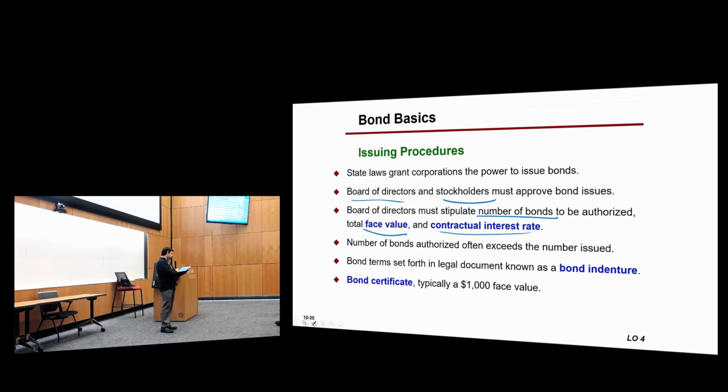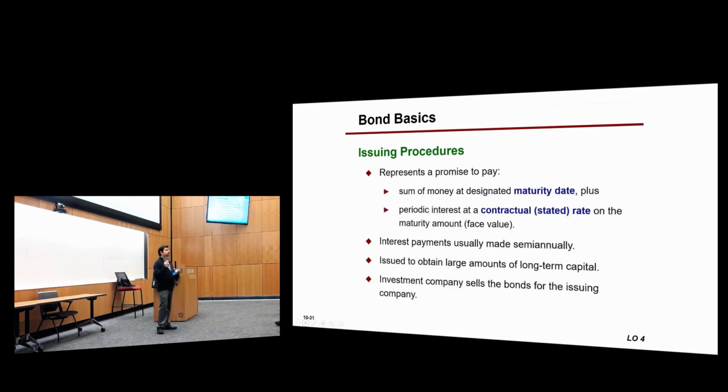In general, bond certificates are made for $1,000. Now, the document that specifies or explains what these bonds are, what the bond terms are, is called a bond indenture. Okay?